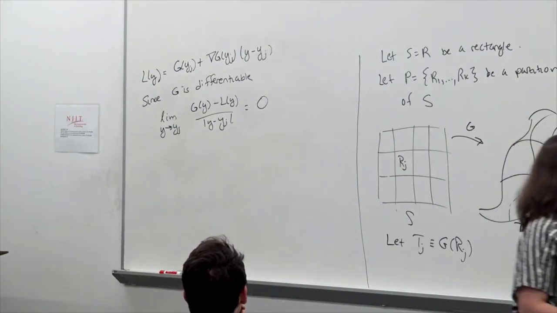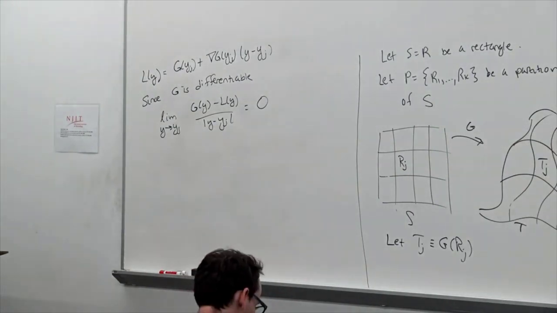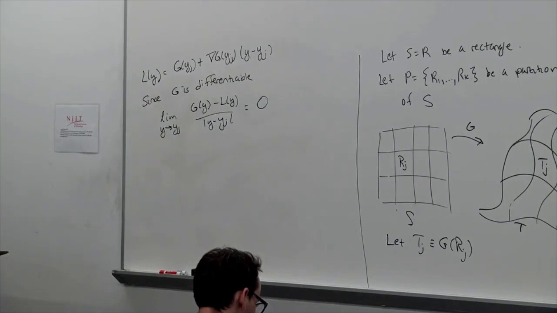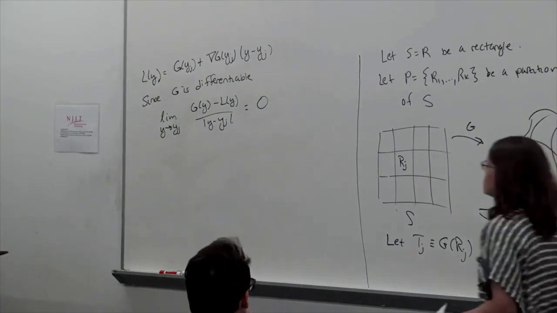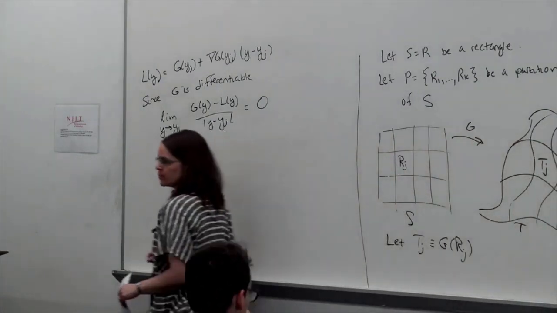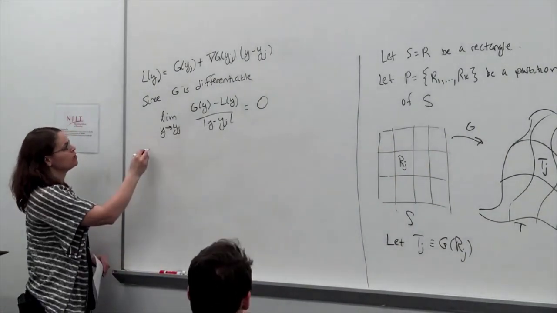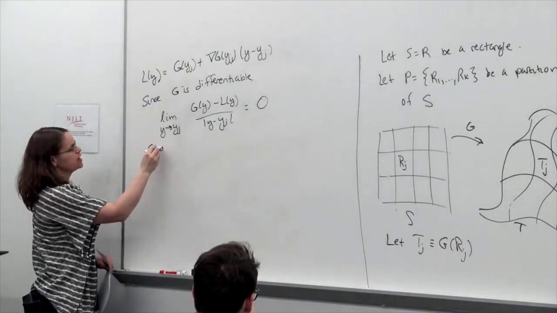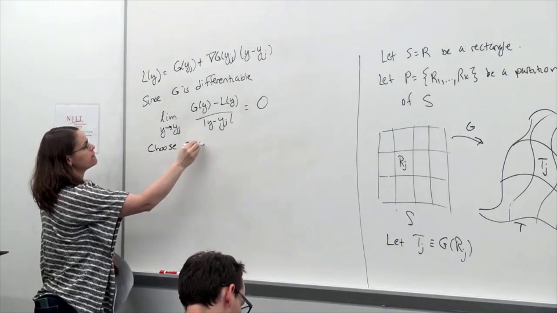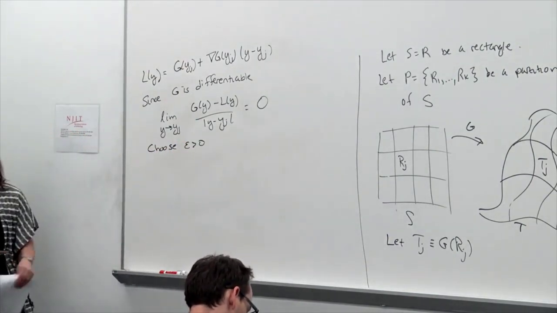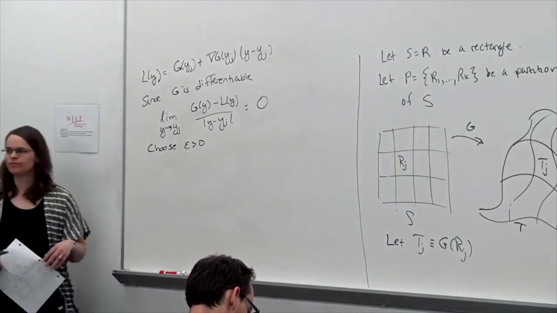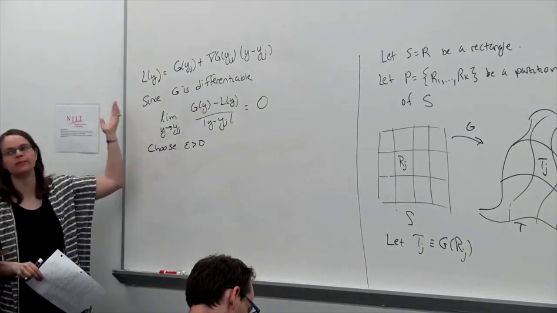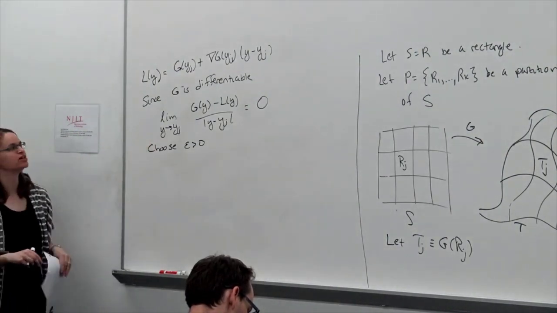Okay, so if I want to say g of y is approximately L of y, so that I can try to use the volume that comes from L, well, let's make that precise. We know that if we choose an epsilon bigger than 0, I'm just writing the definition of the limit. The usual thing I do, I see the word limit, I'm just writing out what it means. No magic.